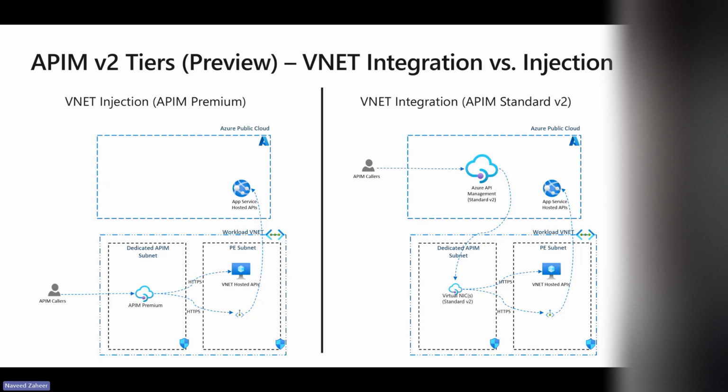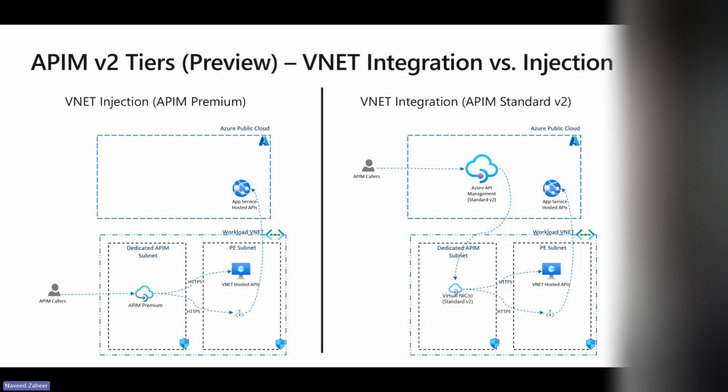With that, any questions? I know there's too much stuff. I hope it's clear to everyone the difference between VNet integration and VNet injection. VNet integration is available as a part of APIM Standard V2, and VNet injection is available as a part of APIM Premium.